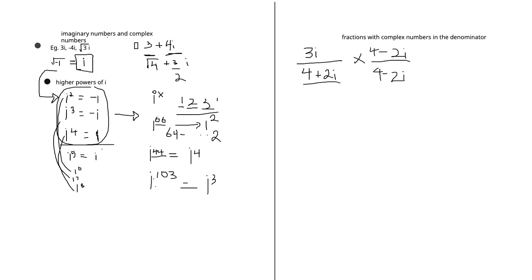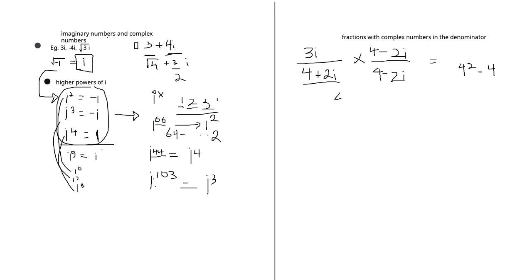Now this, you should also be able to identify to be a perfect square. So you just know that your final computation would be 4 squared minus 2i squared. In the denominator, you would have 4 squared minus 4i squared.